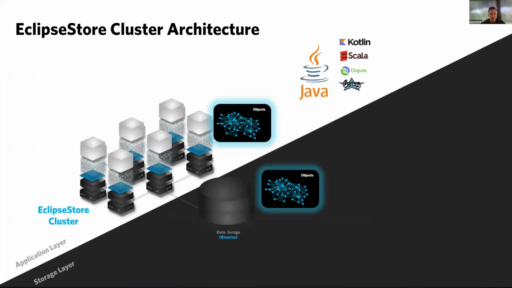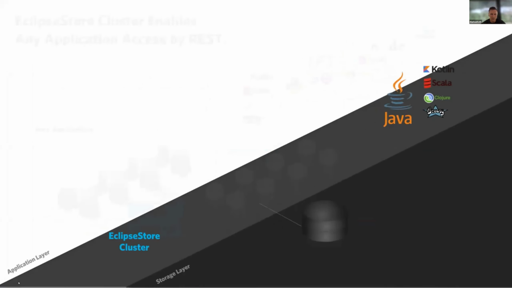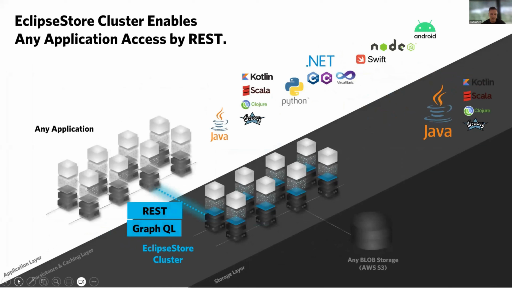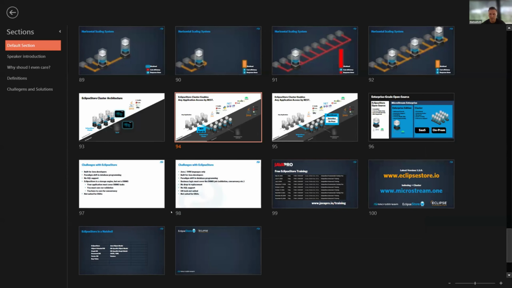You only have the application nodes or your microservice nodes that scale horizontally, and then you have a binary data storage, and that's it. These nodes are stateful, but you can also use it with stateless applications or stateless microservices. Then you can query the EclipseStore cluster by using REST or GraphQL and use your EclipseStore MicroStream cluster as a data provider. So this is also basically possible and very easy to use.